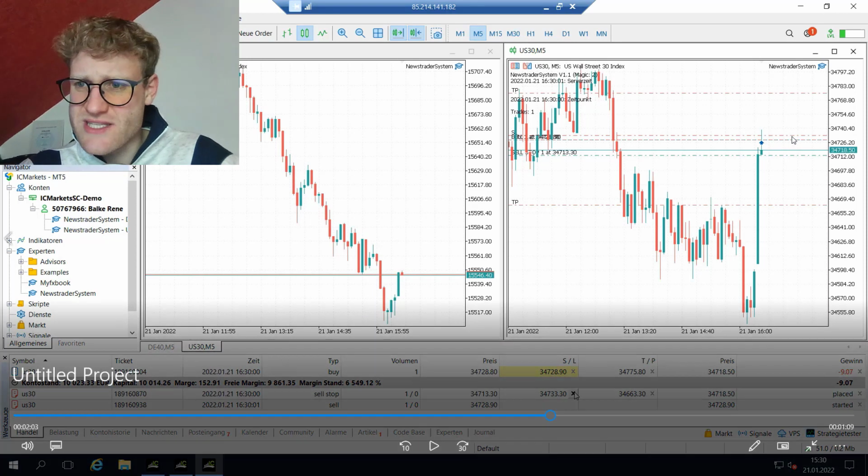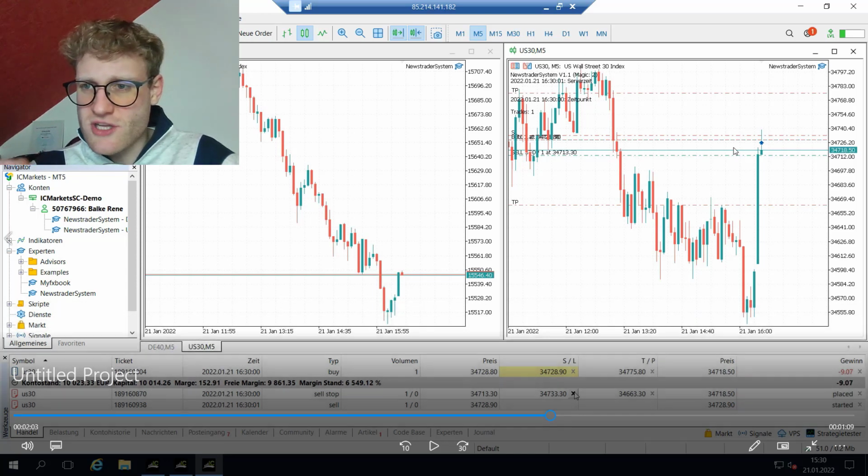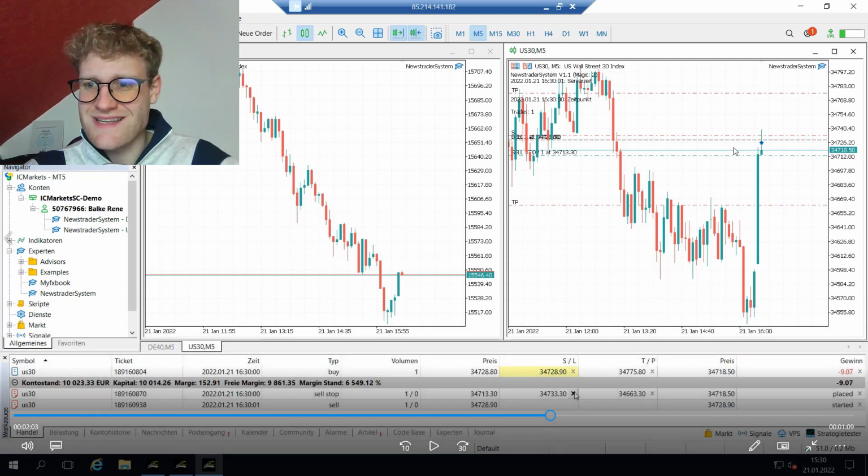This is an interesting point, because here the price is below the stop loss price of the buy position, but the buy position is still open.